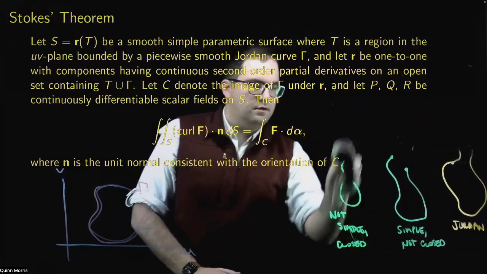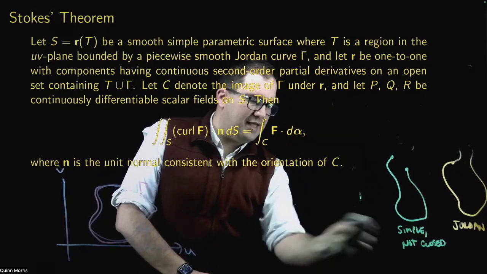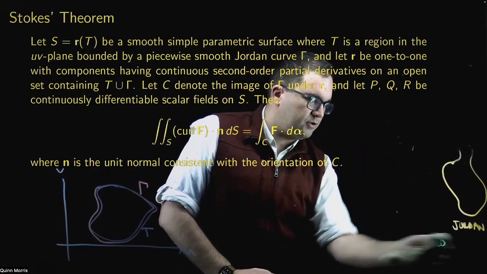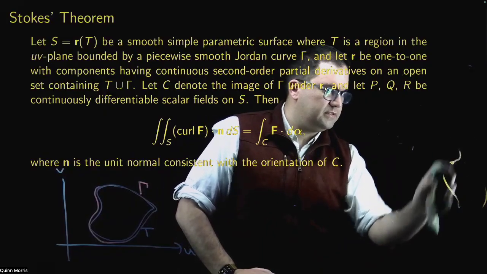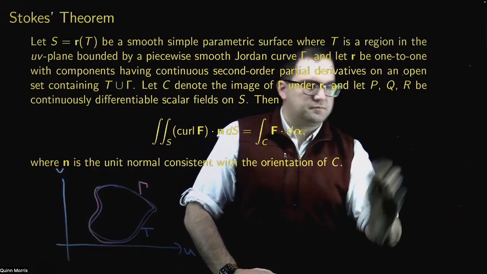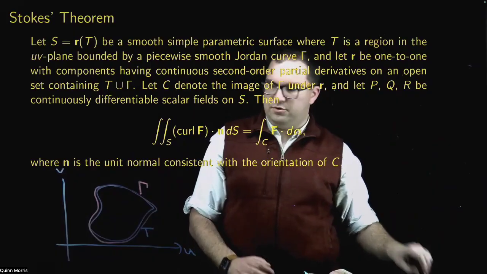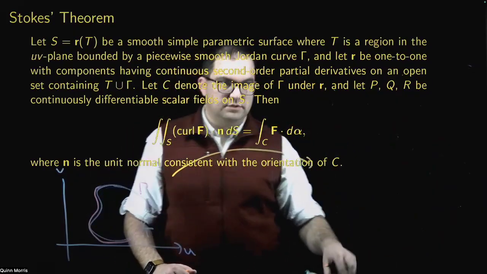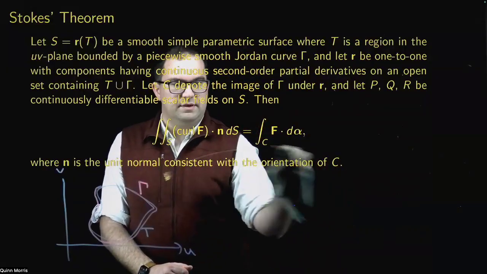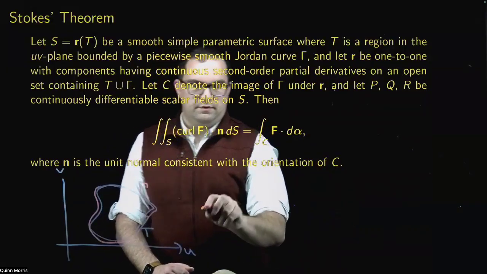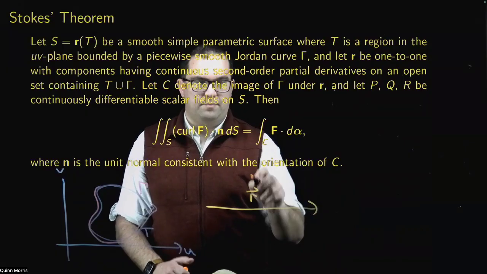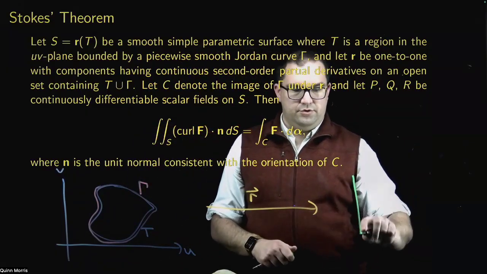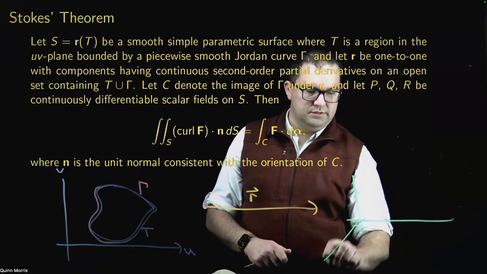All right. So we sort of have this set up in parameter space. And then the question becomes, okay, now we map that to our surface. What does that give us on our surface? Okay, so now my parameterization R is going to take me over here into R3 to my surface.